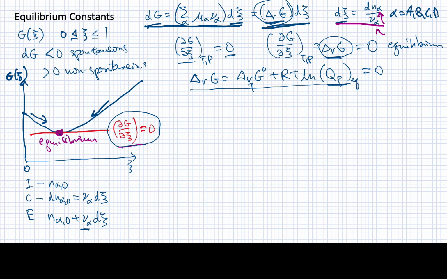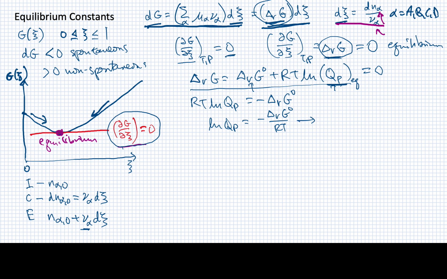All right, so how can we find this reaction quotient? Well, we can simply solve this equation. I could, for example, put RT log of QP on one side, and I'd have negative ΔrG0 on the other side. Then divide both sides by RT, and I'd have log of QP equal to negative ΔrG0 over RT.